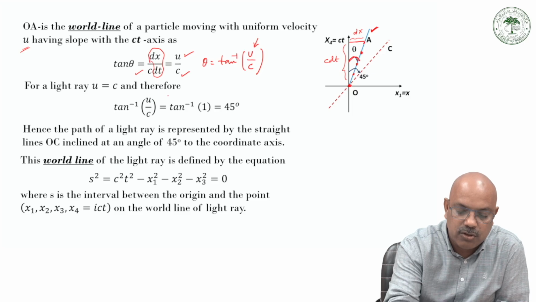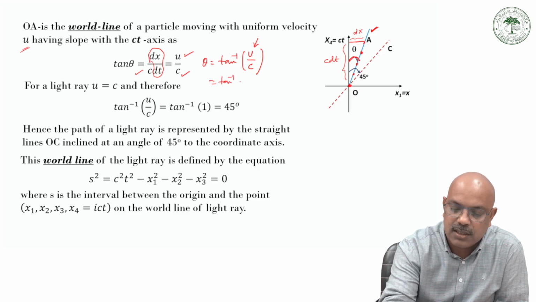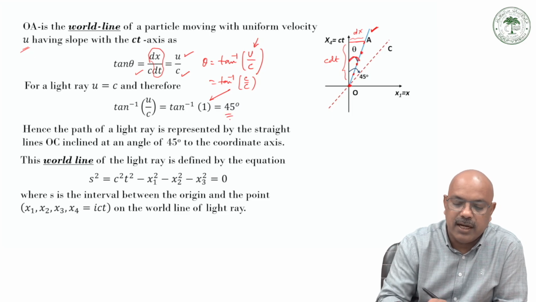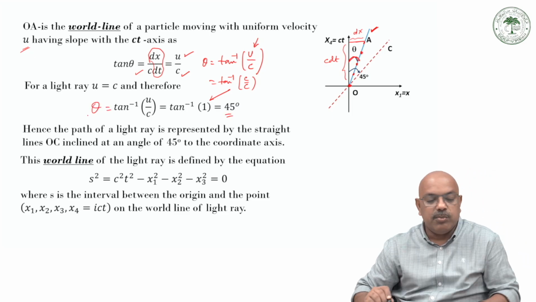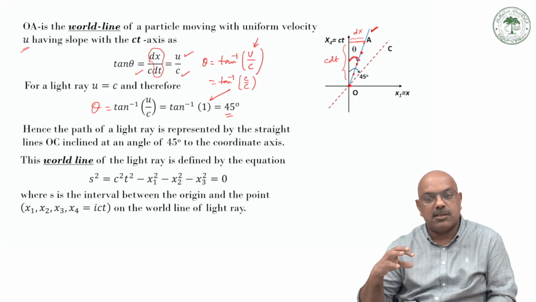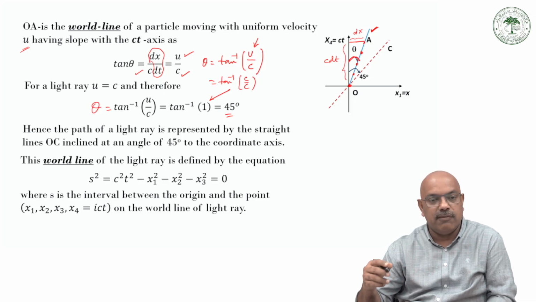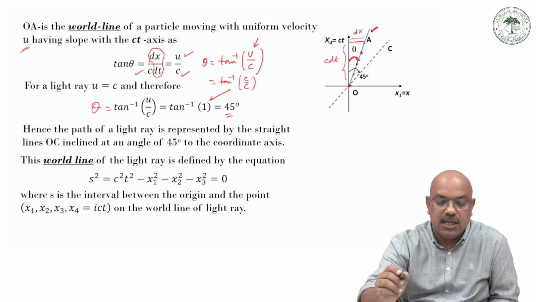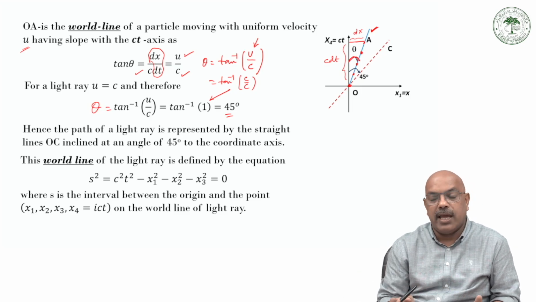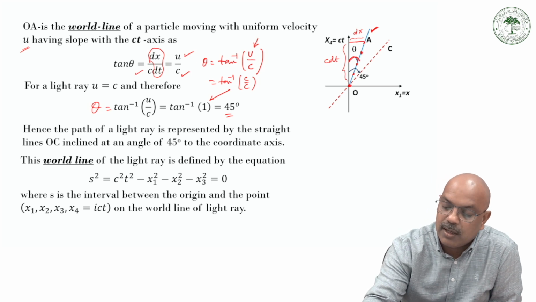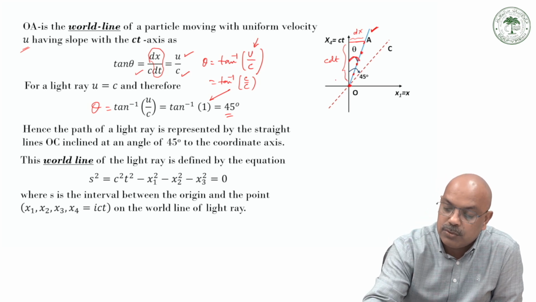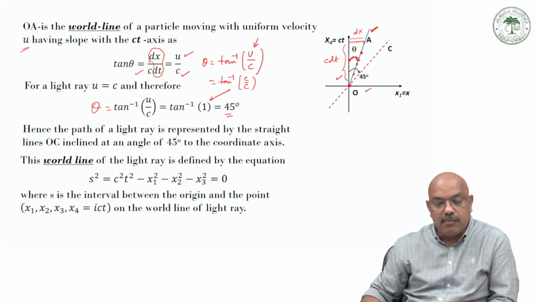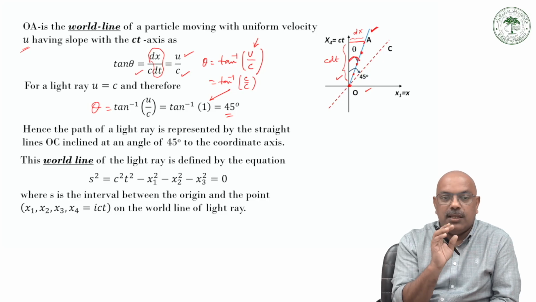So this is tan inverse of c by c, which is tan inverse of 1, and theta is going to be 45 degrees. This is important, because for the electromagnetic wave, the path of a light ray is represented by a straight line, OC, at an angle of 45 degrees to the coordinate axes, whether you measure with respect to the time axis or the space axis. So this is the world line.